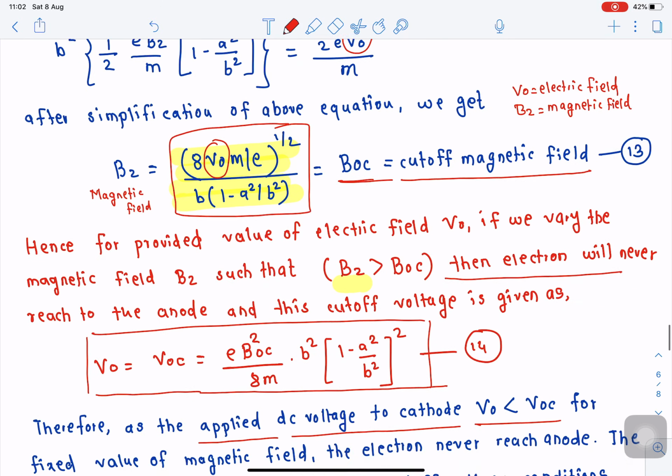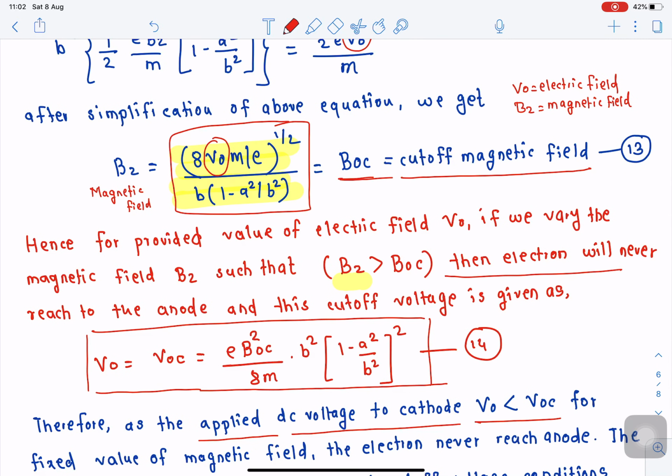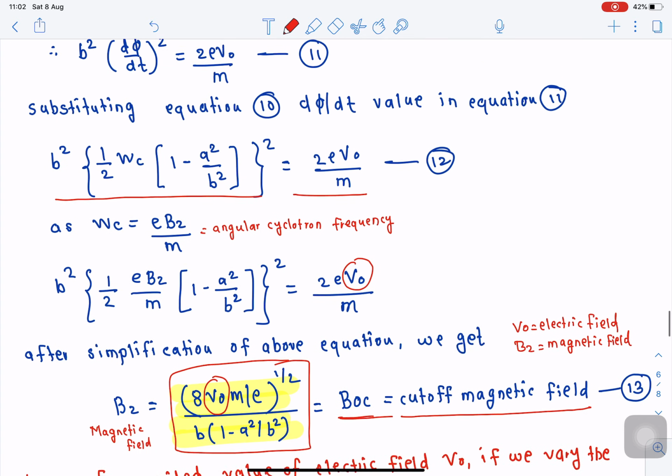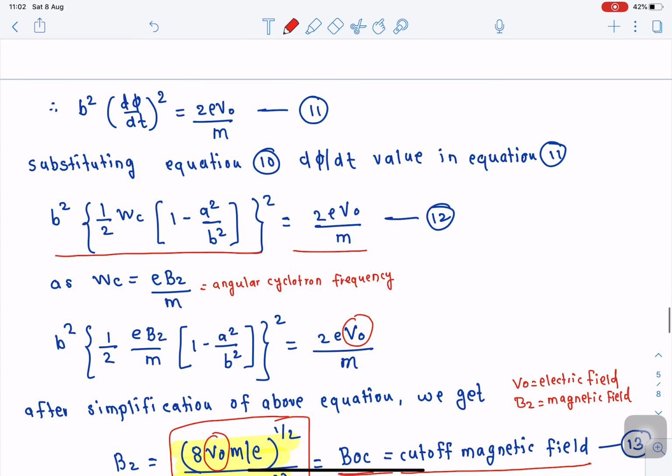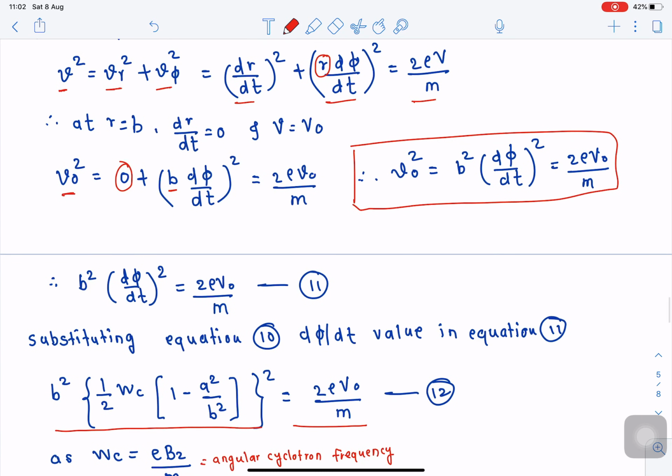Those two conditions we discussed in equation number 13 and 14, and these are known as the cutoff conditions for either electric field or magnetic field in order to generate sustained oscillation in the magnetron tube.